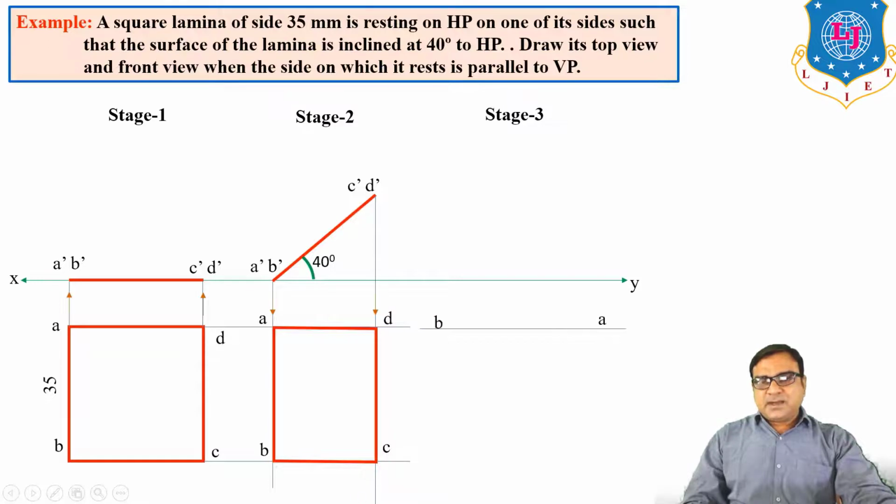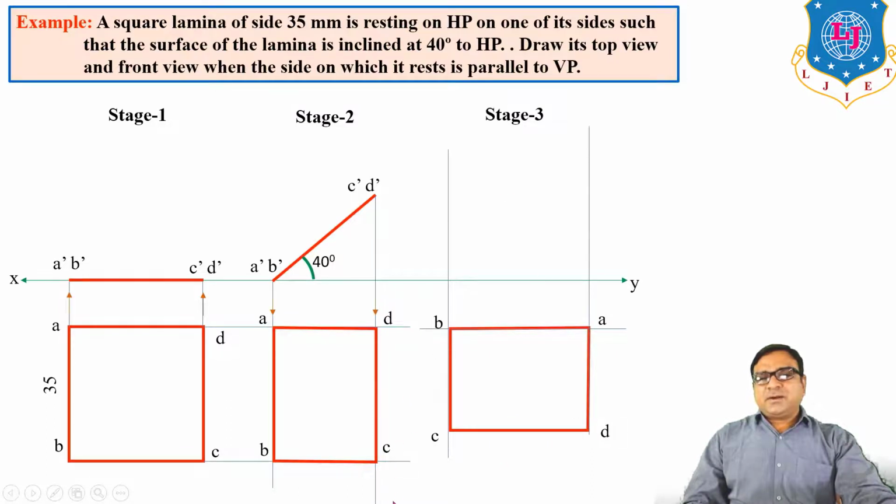To draw the XY line, put AB at whatever distance in this view and redraw this figure again. Draw the vertical projection lines and horizontal lines, and the intersection points will be A dash, B dash, C dash, D dash.